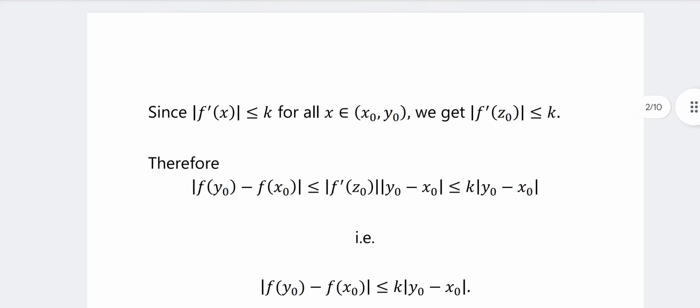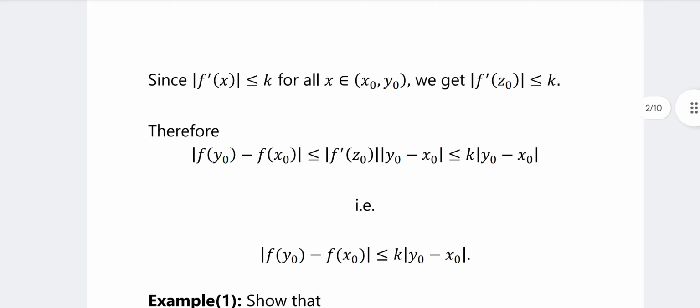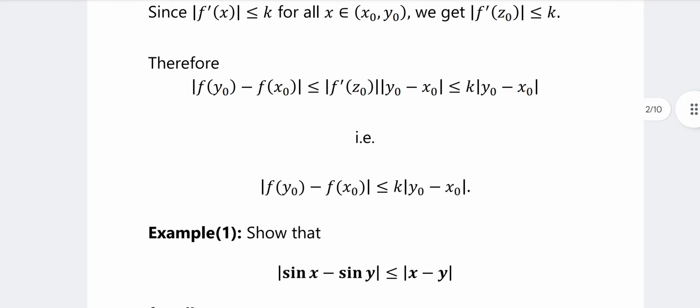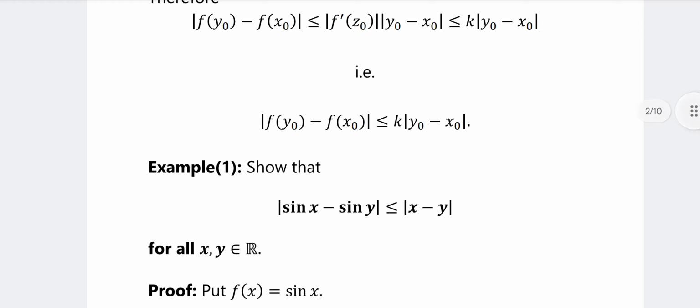Now what is the use of this result, why have I proved it? You see example 1. I will prove that the absolute value of sin x minus sin y is always less than or equal to the absolute value of x minus y. Why am I proving this result? In subsequent lectures we will see uniform continuity.